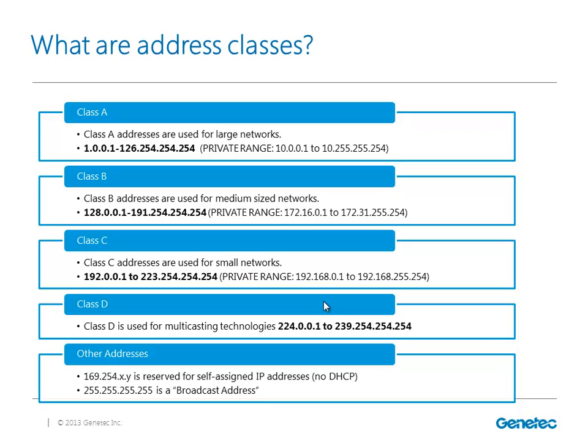Class D also has its own range. However, these addresses are reserved for multicast transmissions. And there are some other special kinds of addresses, like 169.254.x.y, reserved for self-assigned IP addresses, or 255.255.255.255, which is known as the broadcast address.